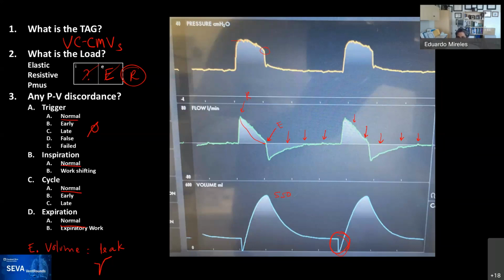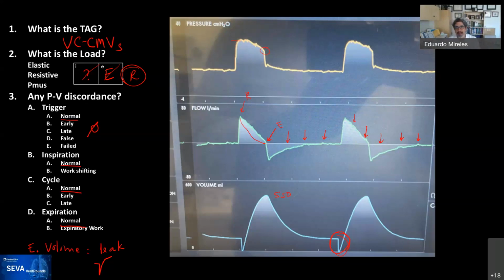And that increasing peak pressure will signal, oh, the patient is having more resistance. That's how you detect it, but you would ensure that the patient is getting the tidal volume under those circumstances.